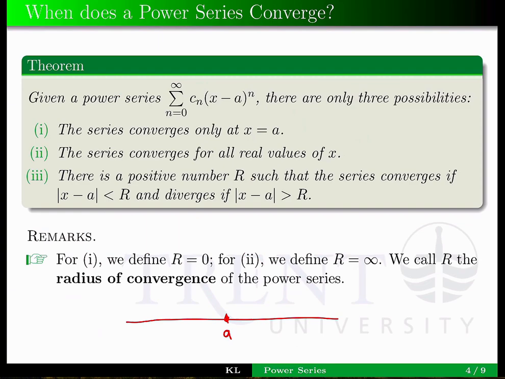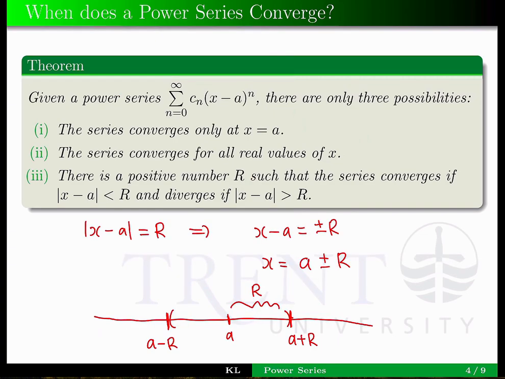On the other hand, in the second case, the series converges for all real numbers. That involves all the real numbers, so the radius is equal to plus infinity. The third case is a positive number. So if we go back here, this r here is actually the radius. It is the distance from a.